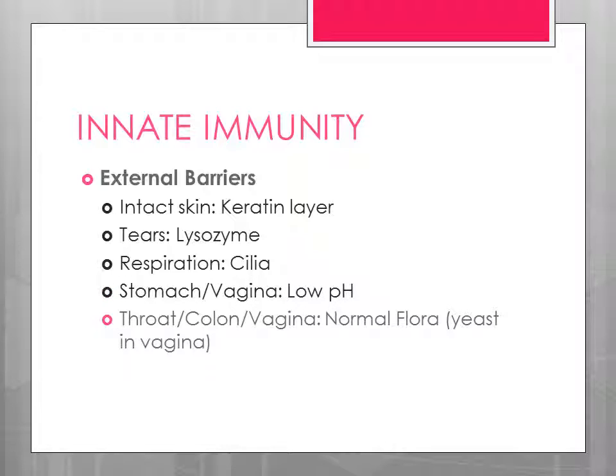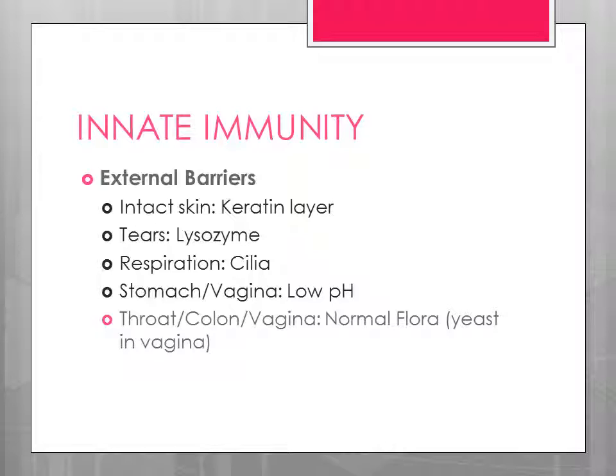In your stomach or vagina, if you're a female, you have very, very low pH, and the stomach, for both genders, very, very low pH. There are not a lot of enzymes that can actually survive in such an acidic environment. So if you have microbes, then the low pH is going to be a natural barrier to protect your body from these microbes.